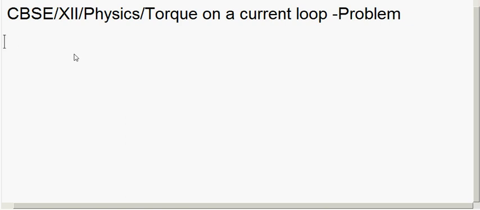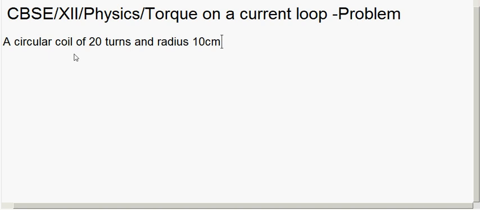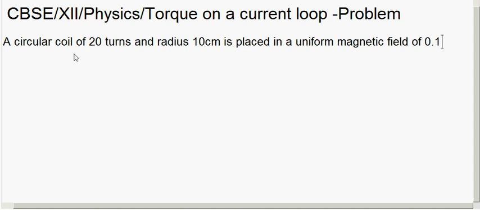A circular coil of 20 turns and radius 10 centimeter is placed in a uniform magnetic field of 0.1 Tesla, normal to the plane of the coil.